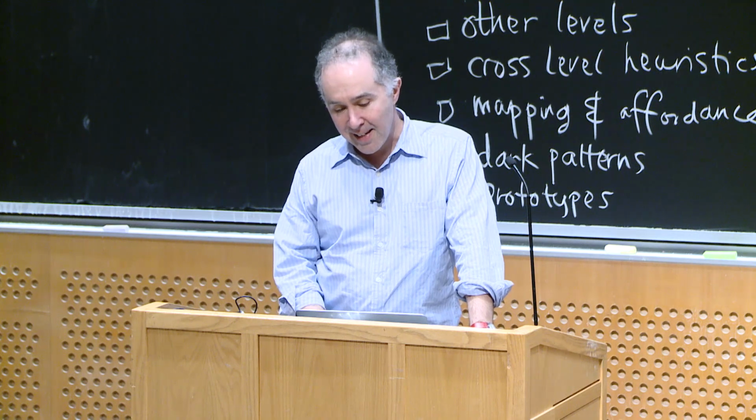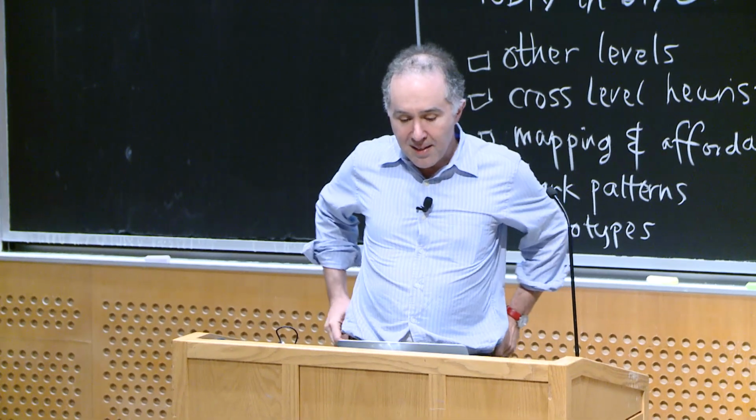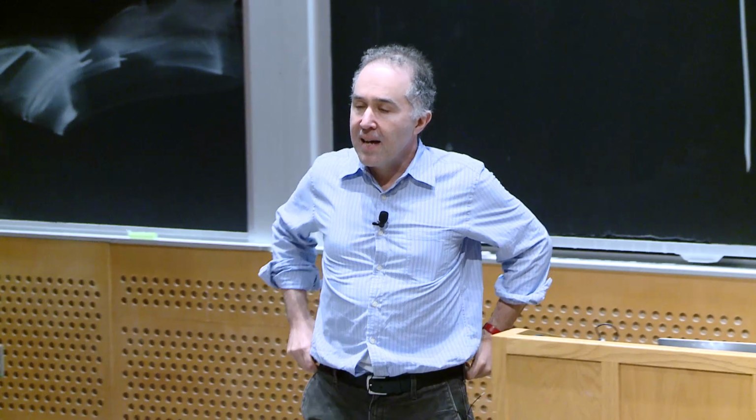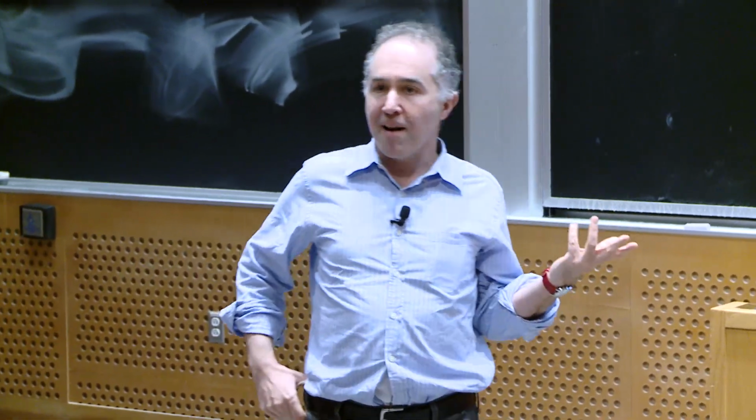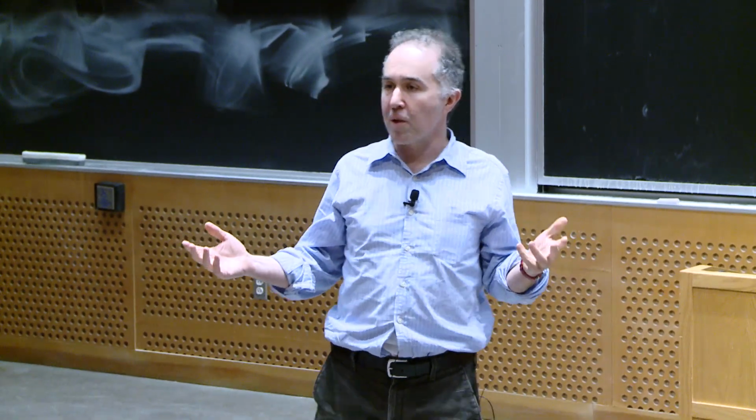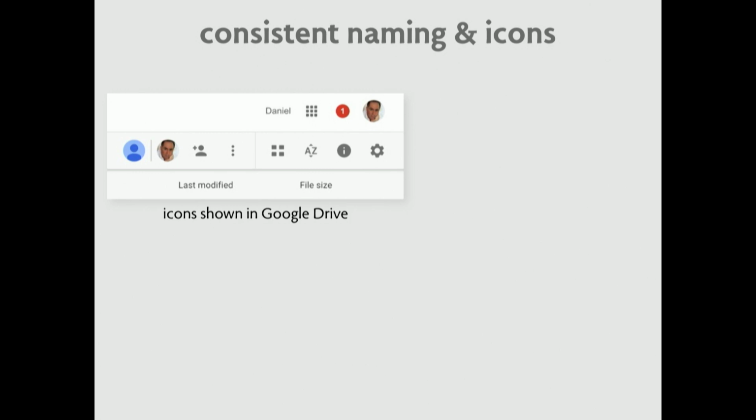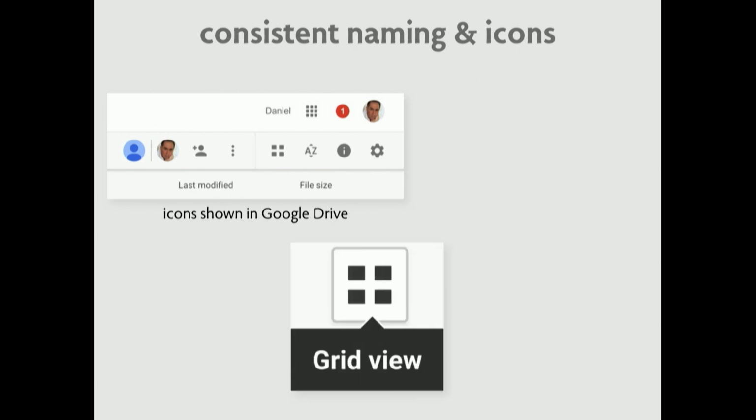A second heuristic is to make consistent use of names. And names are not only names made with letters, but also icons, symbols. And so here's an example that's always bugged me. If you look at the design of the Google apps, you'll see that they mostly have some very nice icons, but some of these icons are pretty confusing. In particular, notice that there's this icon here, you see on the top, on the second line.